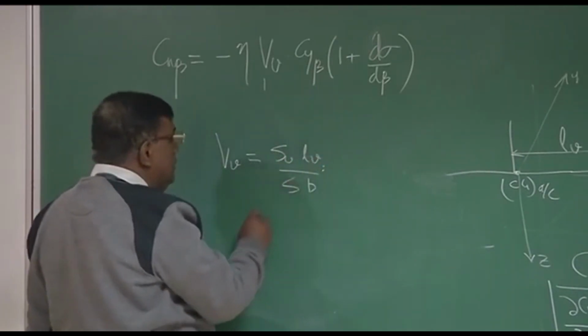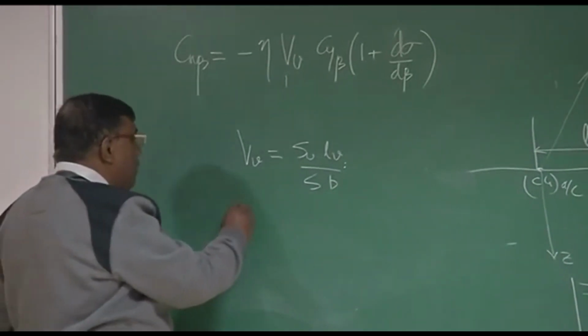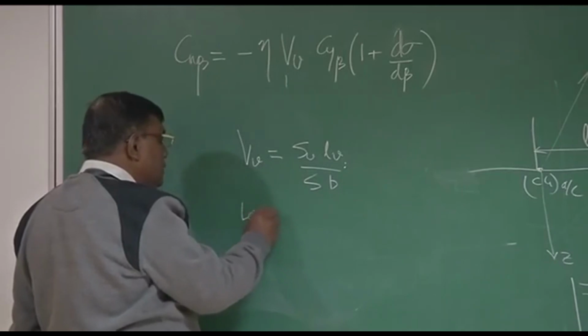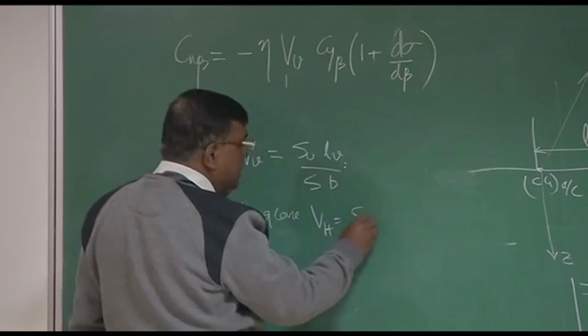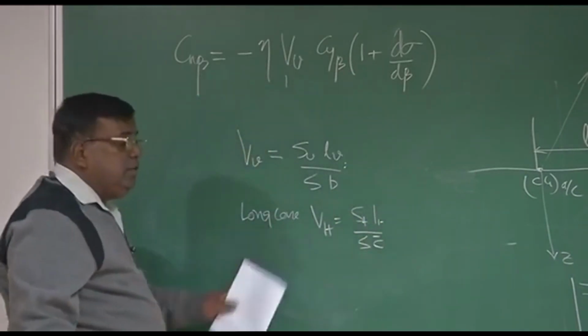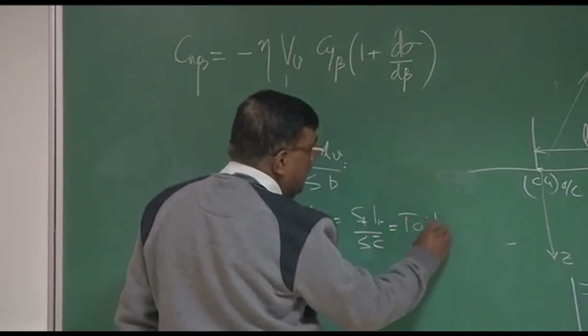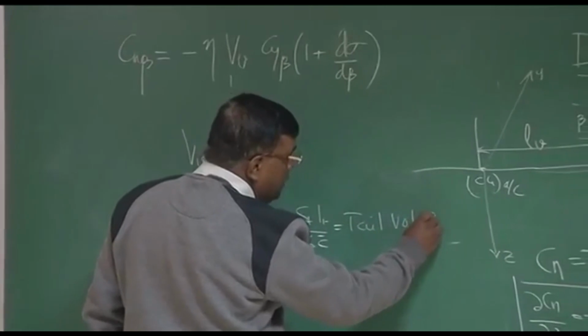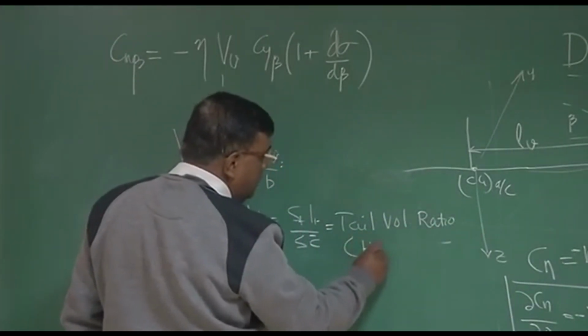If I try to find a similarity for the longitudinal case, we had V_H, which was S_T L_T by S c bar, and this we used to refer to as the horizontal tail volume ratio, right?